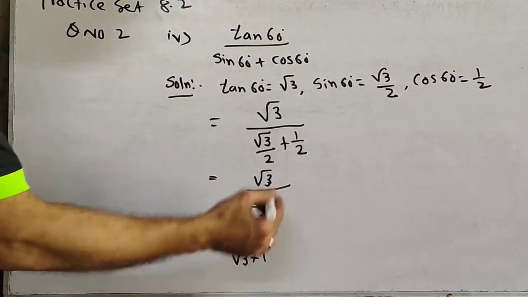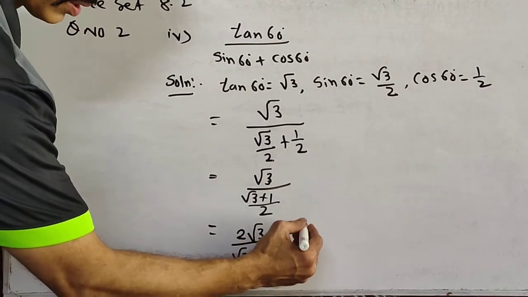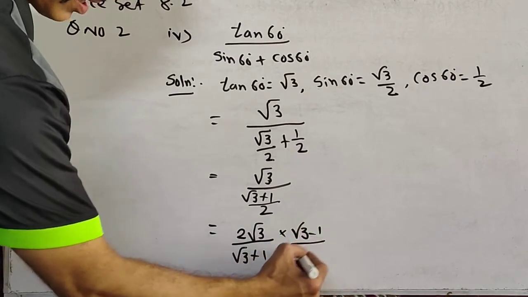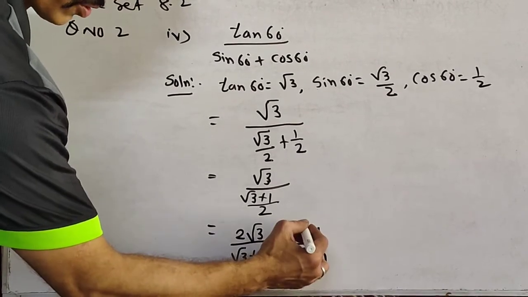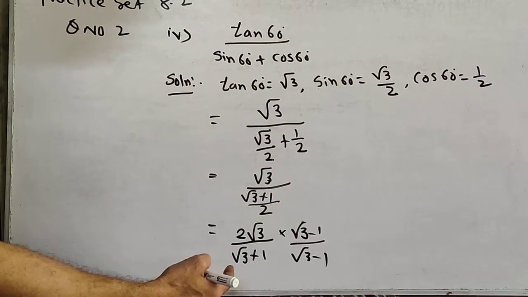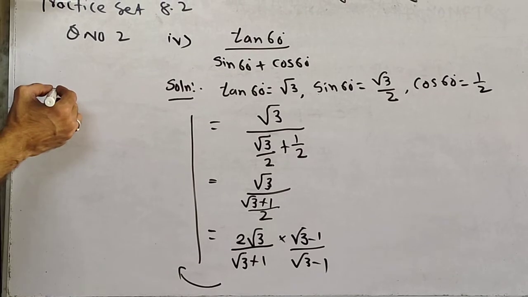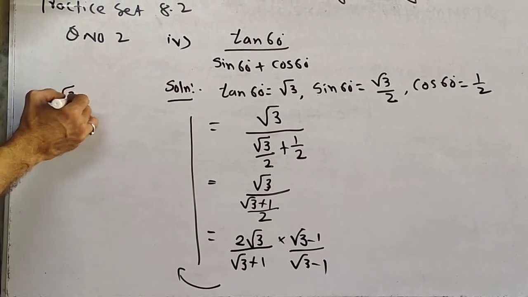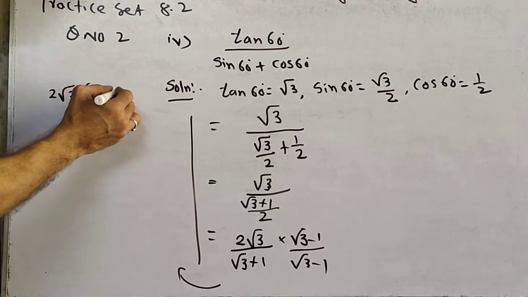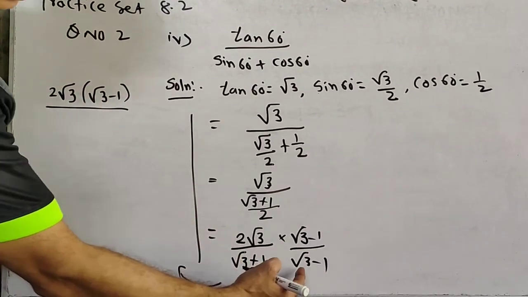Okay, you have to multiply with the conjugate. Conjugate means take the opposite of the plus or minus sign. Root 3 minus 1 upon root 3 minus 1. You have to multiply with the conjugate. Okay, so if you multiply with the conjugate, you will get here 2 root 3 into root 3 minus 1 upon a plus b, a minus b.